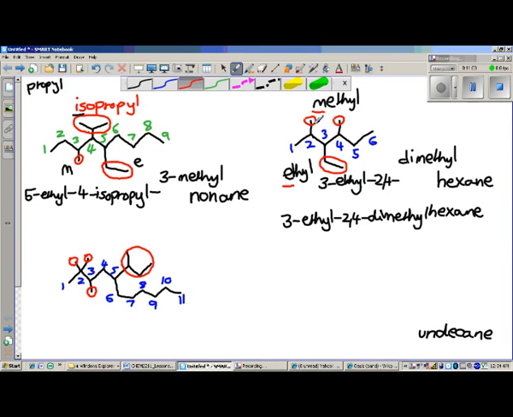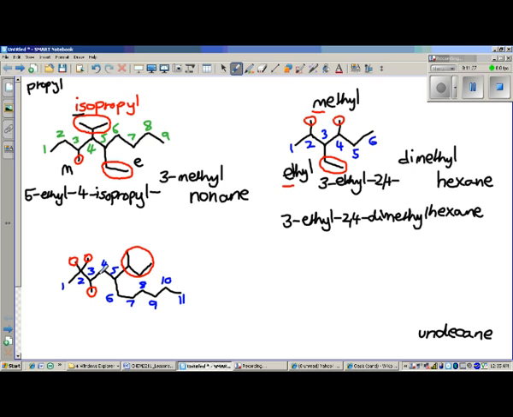This can just be named as methyl. But what if I have a substituent which has its own substituents coming off it? Just imagine, if this methyl group wasn't here, you would have a 1, 2, 3 carbon substituent. That would be a propyl. So this methyl group is actually coming off this substituent. So I have a substituent with its own substituent.